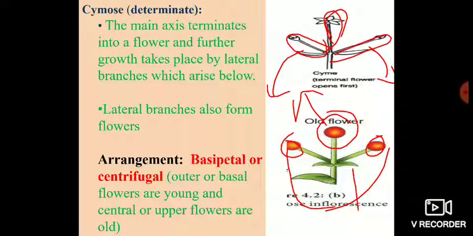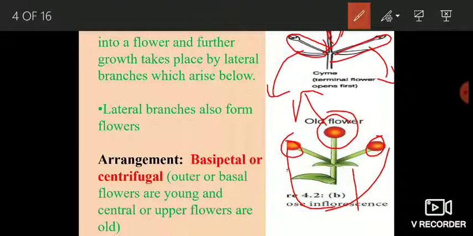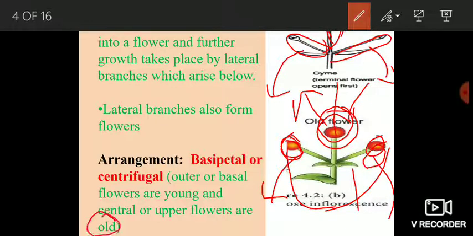Centrifugal or basipetal means one and the same thing. In this arrangement, the outer or basal flowers, located towards the outside, are young, and the central flower, located in the center of the inflorescence, or the upper one, because it is at the upper position, is old.